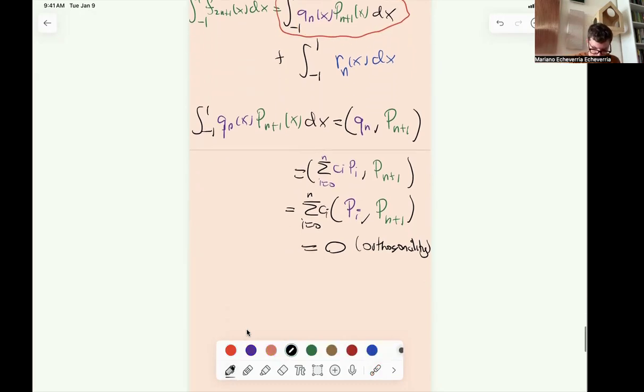So actually the integral from -1 to 1 of f of x dx, the degree 2n plus 1 polynomial, ends up being the same as the integral from -1 to 1 of the remainder.